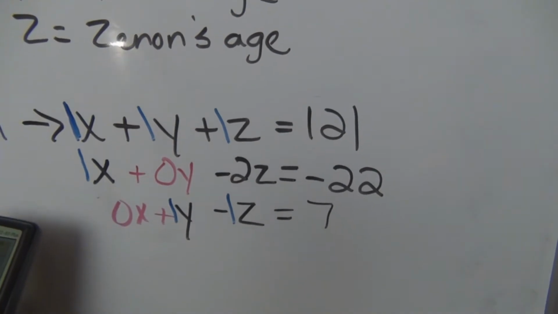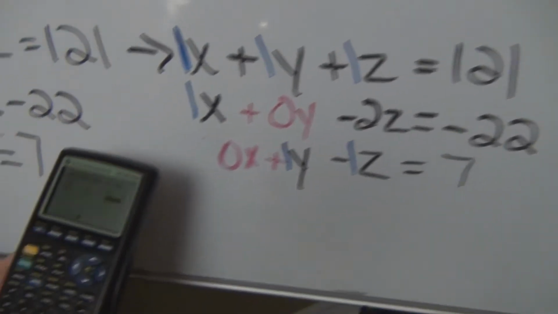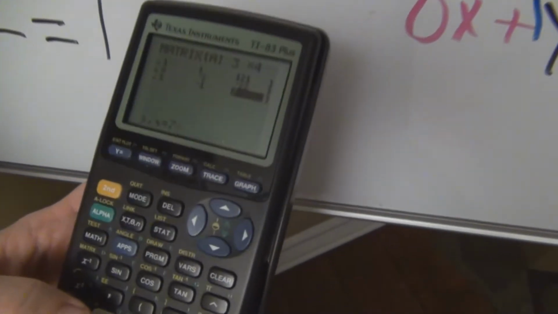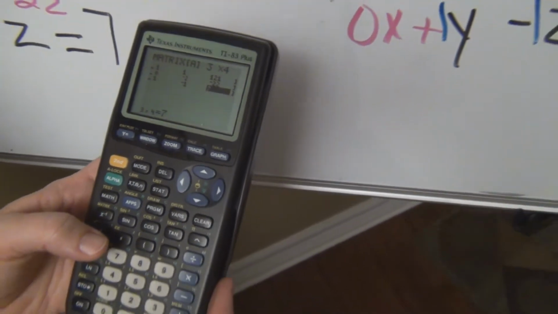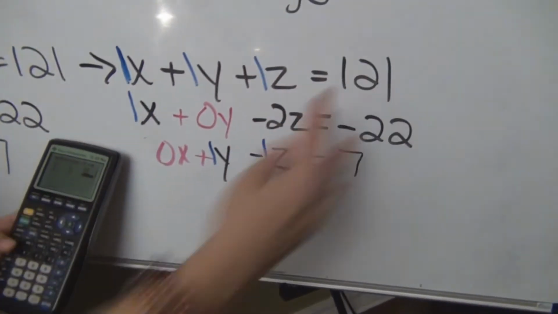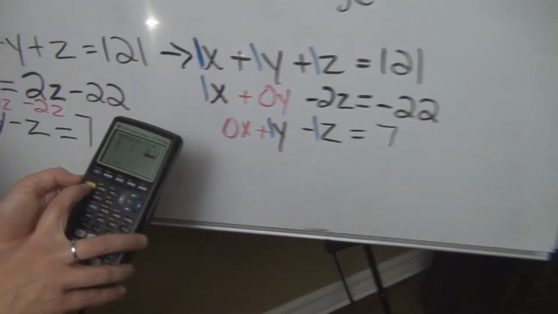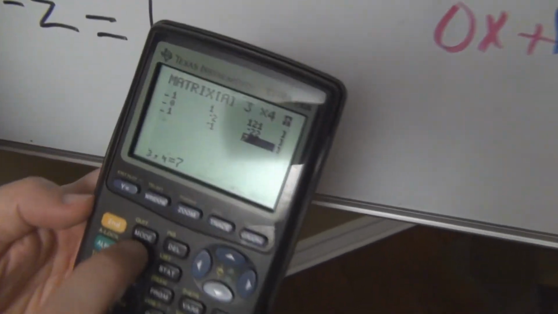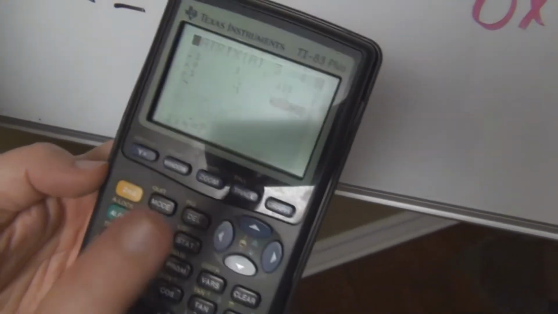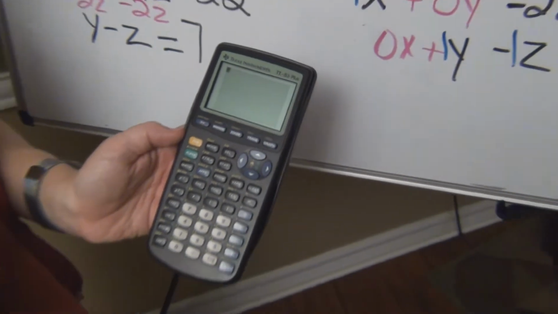Next line says 0, 1, negative 1, 7. So now I've carefully entered in every single number here in my matrix. You can hit second, quit, or the mode button to get back to my regular screen.